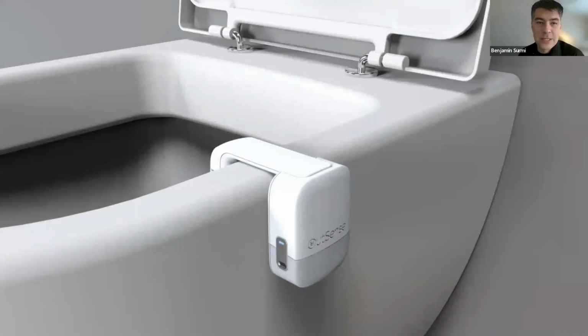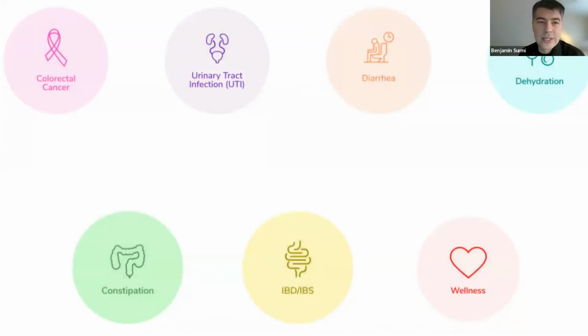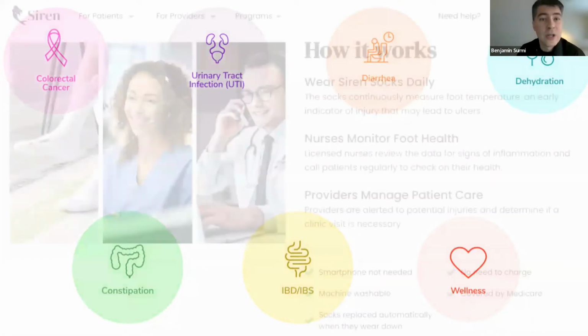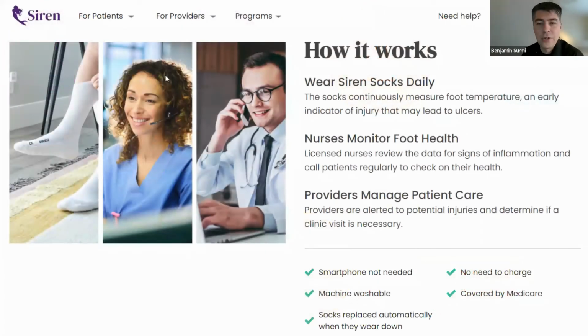There's another one that actually dips into the toilet, and it also can tell you if you've got a urinary tract infection, if you're constipated, if you have cancer. So there's some really fun things happening in the sensor space to try to make keeping track of someone's health less invasive. You don't have to poke them with a needle or put something on your body, but it's something that's just monitoring passively, and you forget that it's monitoring your health.